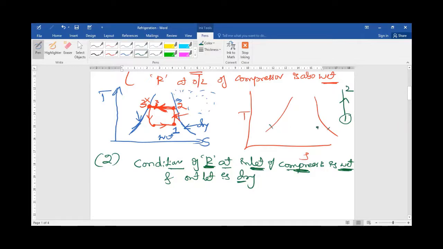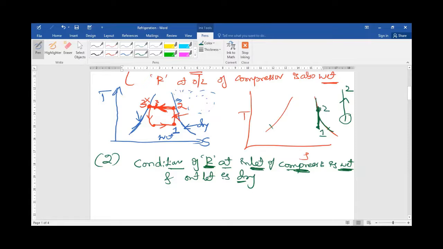Somewhere you locate here on the right hand side of the curve. Locate here and make it point number 1. And when the condition at inlet to the compressor is wet, of course, if you draw one vertical and exactly straight line, it will reach to this curve. You stop here. Okay, this is point number 1 to 2.